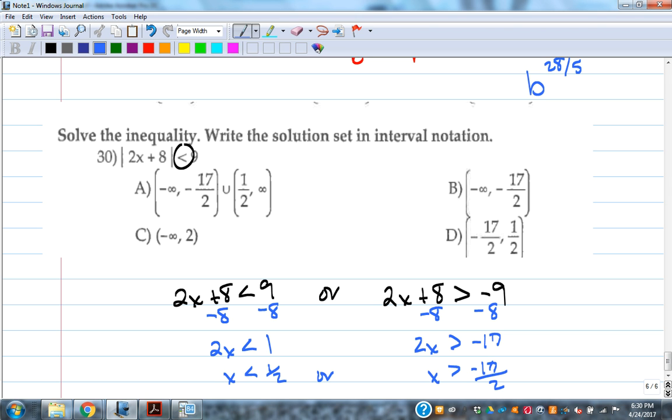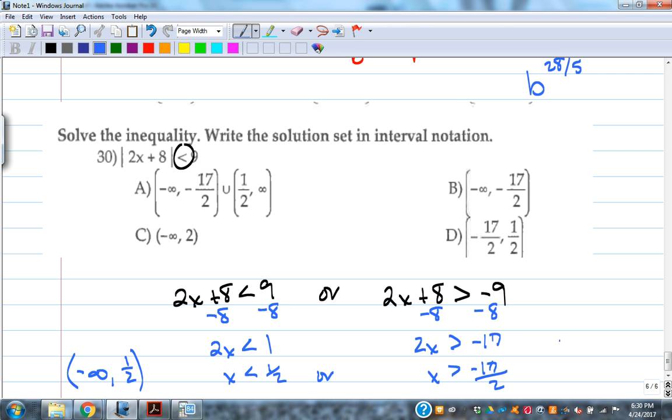No, couldn't be A. I actually don't think the right answer is on here. Because this is -infinity to 1/2 union, and then this, well, actually it is.